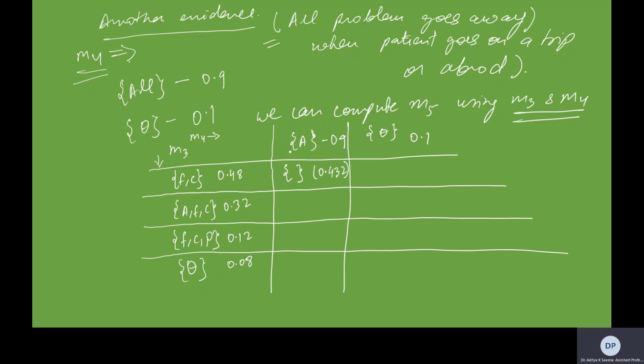Now AFC and A, we will have A. So what is this? 0.32 into 0.9, it is around 0.288. Fine. Now A and FCP, again no common thing, we will get the empty set.